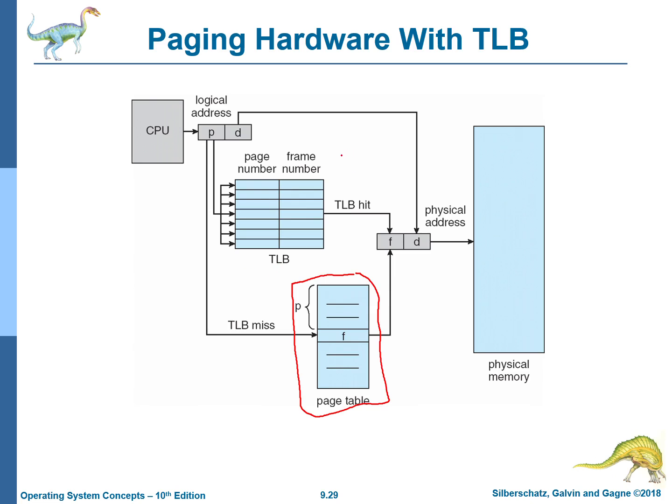This table is maintained very near to the CPU so that fast access can be done. If you go from here to this table, it might take less time, and if you go to this table, it might require a larger time, because the distance is larger here. This is the main memory.